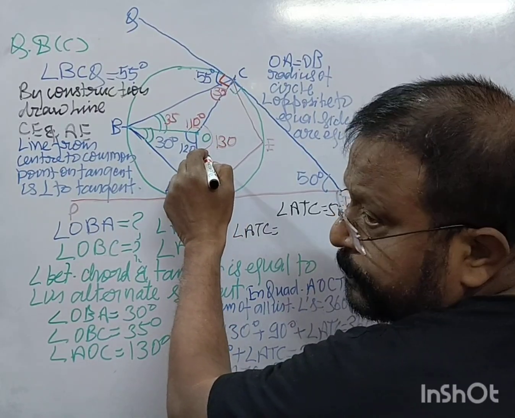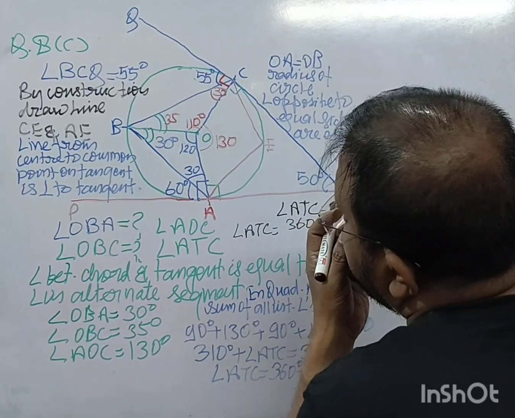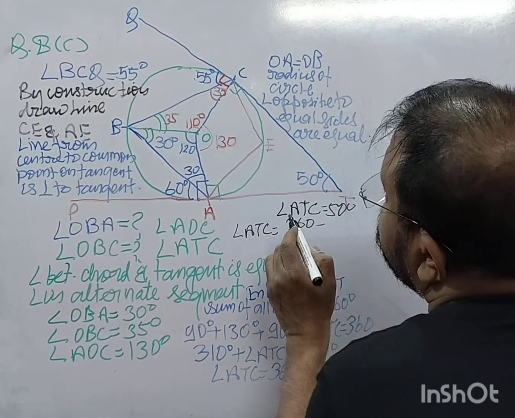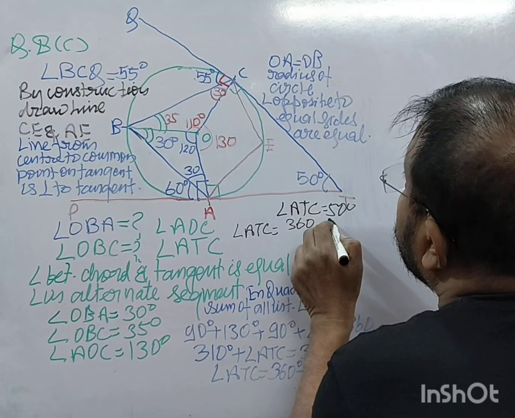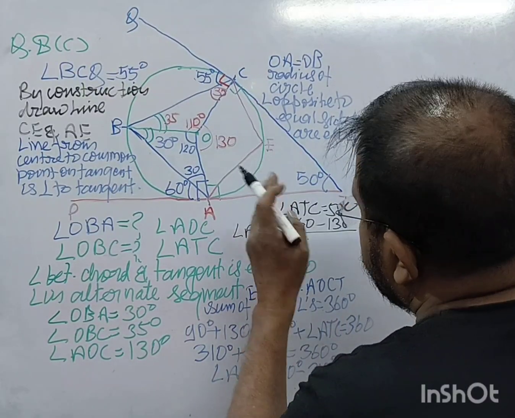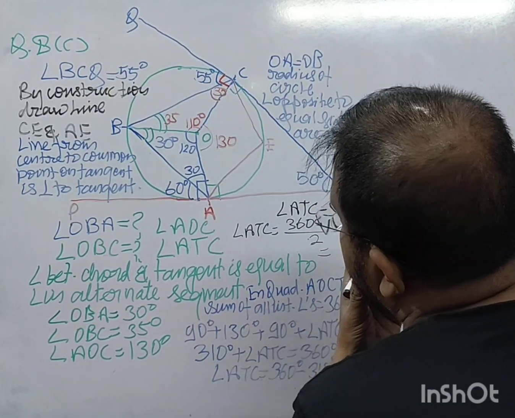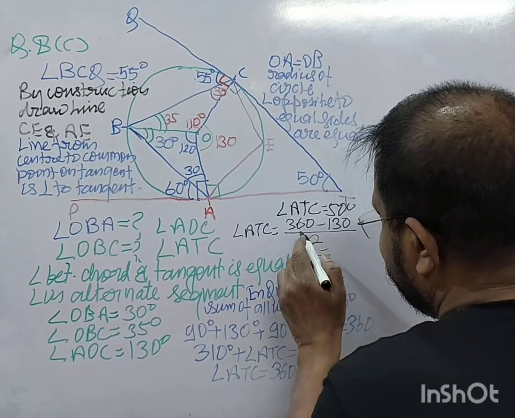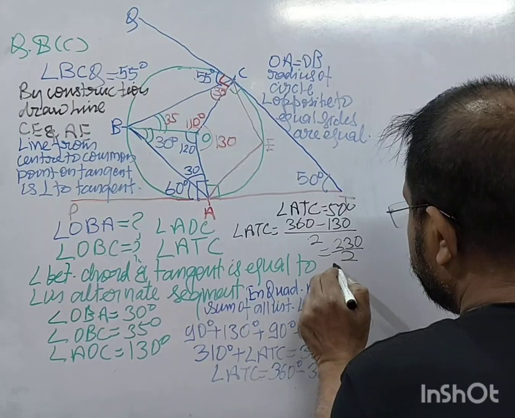So 360 minus 130, divided by 2, becomes 115.